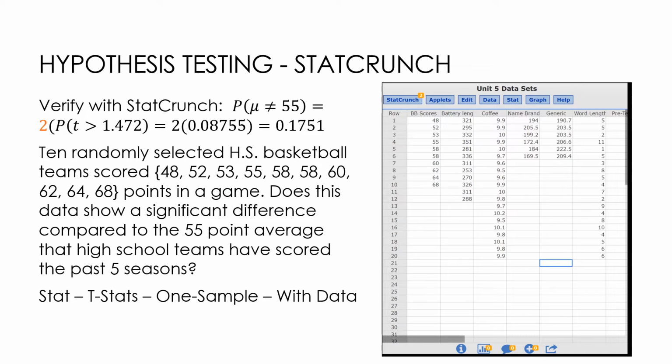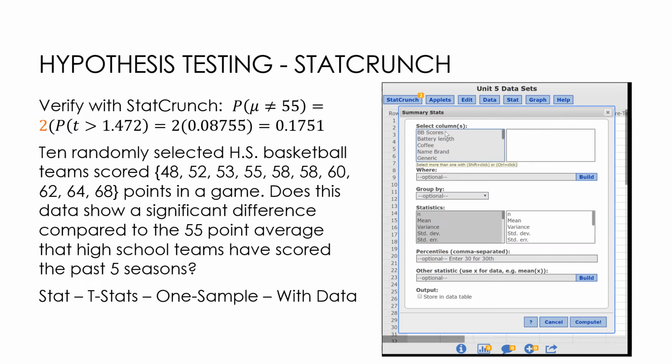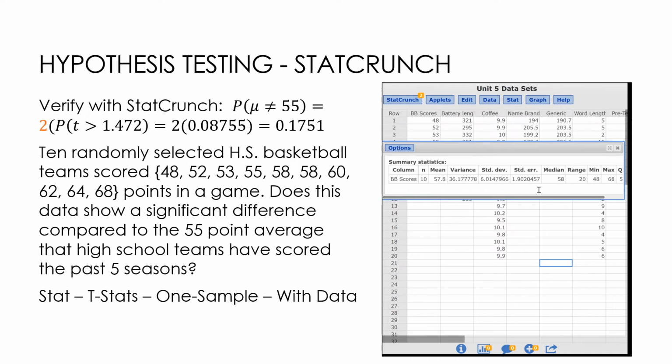So I also want to show you how to do this in StatCrunch, the whole thing, without having to do it by hand. But before I do that, just in case the screenshots on the last slide weren't enough to help you, real quick, I went to Stat, Summary Stats, Columns to find the mean and standard deviation of my basketball scores. That's where I got that 57.8 and the 6.014.